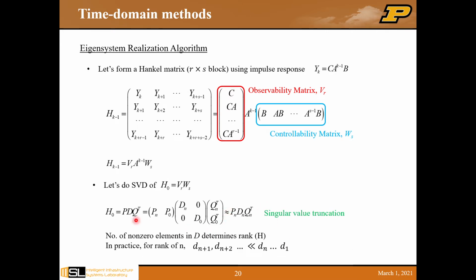So eventually we can obtain that H_0 is approximately equal to P_n times D_n times Q_n transpose. But in practice, D_0 is not always 0, so we need to define a threshold to differentiate D_n and D_0 for us to do the truncation of the singular values.